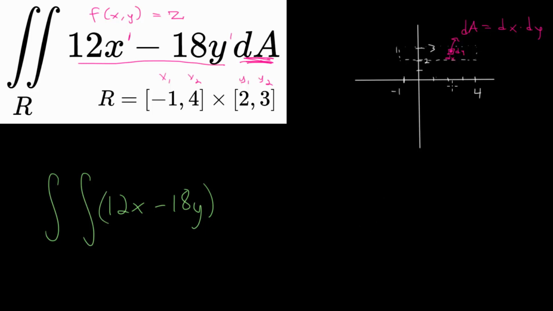If our region was more complicated, then the order would definitely make a difference in terms of the difficulty of this problem. But since we have a rectangle, we can do x or y first, and let's just do x first. One way to check this is to switch it and then do y first and see if you get the same answer. Since x goes first, we will have the bounds on this inner integral going from -1 to 4, and the bounds on the outer integral going from 2 to 3.